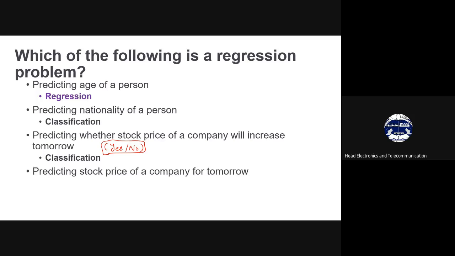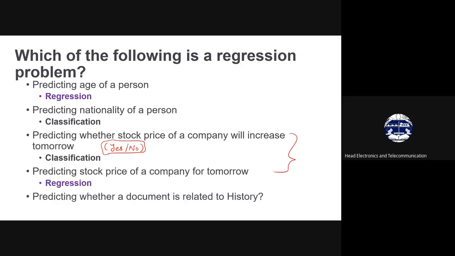Now instead of that, if I ask to predict the stock price of a company for tomorrow, then it becomes a regression problem. So there is a difference between these two. So predicting whether a document is related to history, simply it is a classification problem.